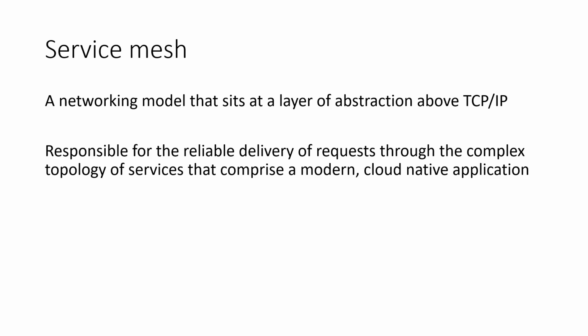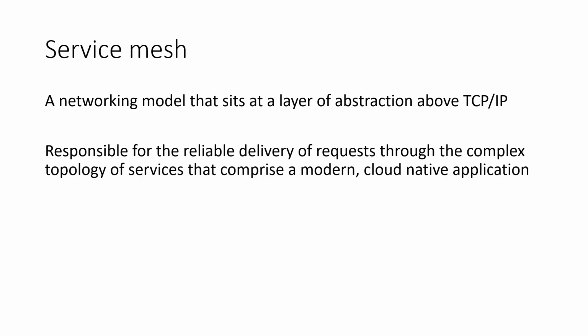A service mesh is a networking model that sits, as I told you earlier, in abstraction above TCP/IP. It is responsible for reliable delivery of requests. So that's something I want to summarize again.